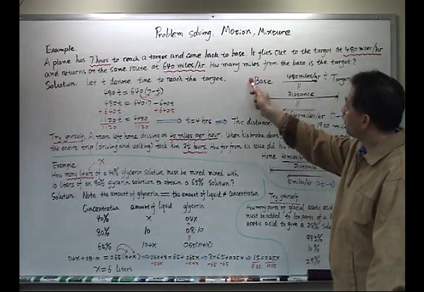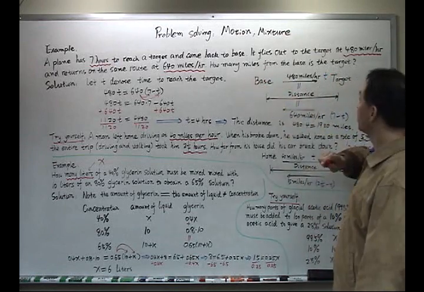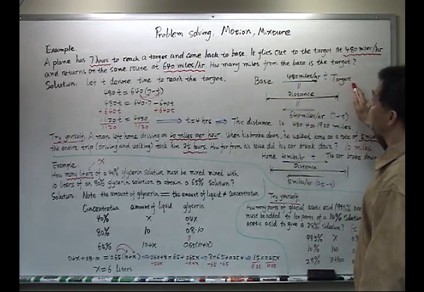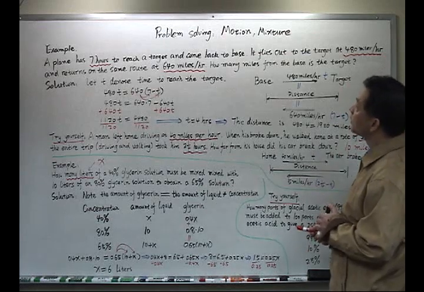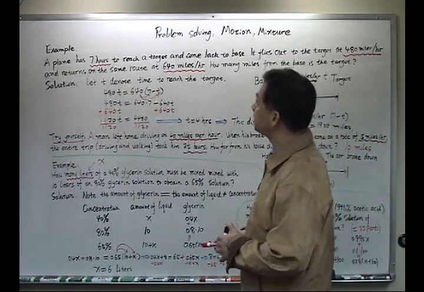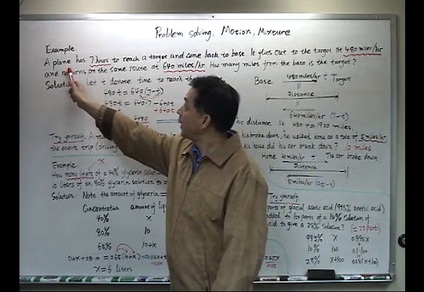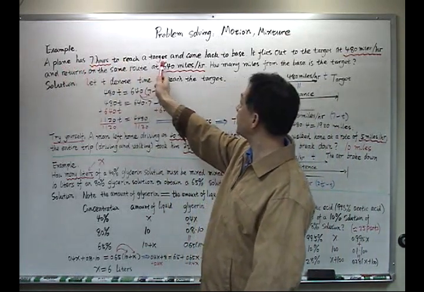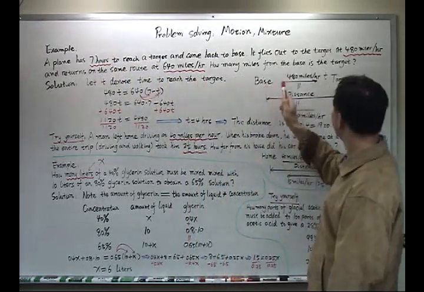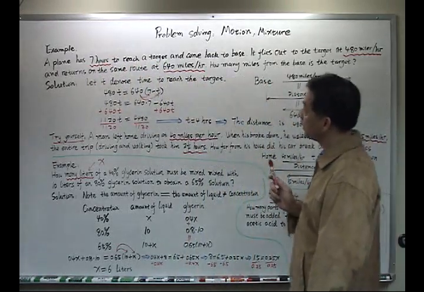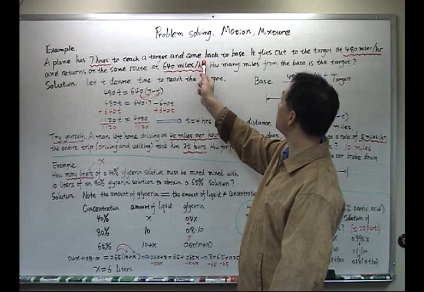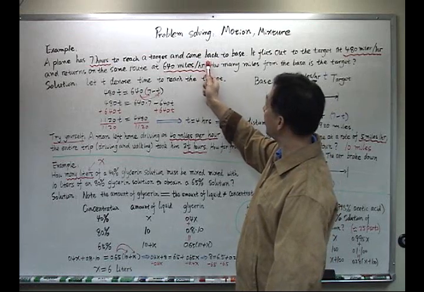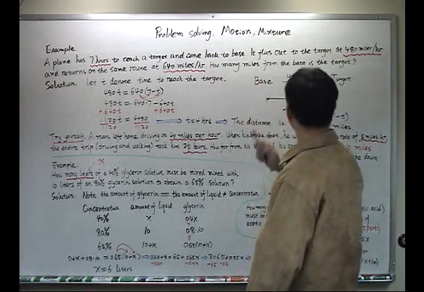We assume this is the base, and then the target is right here. Based on the question, a plane has 7 hours to reach a target from here to here, and then come back to base.